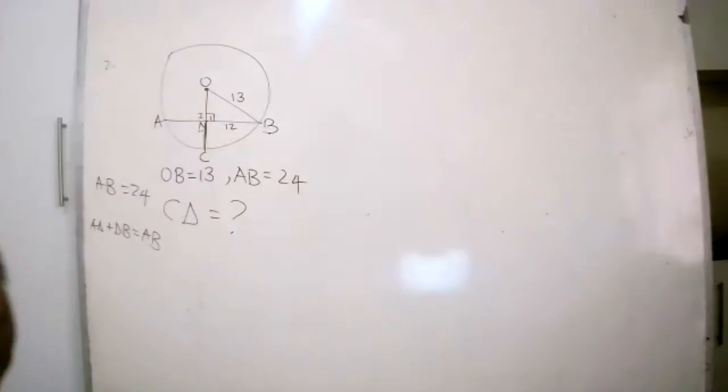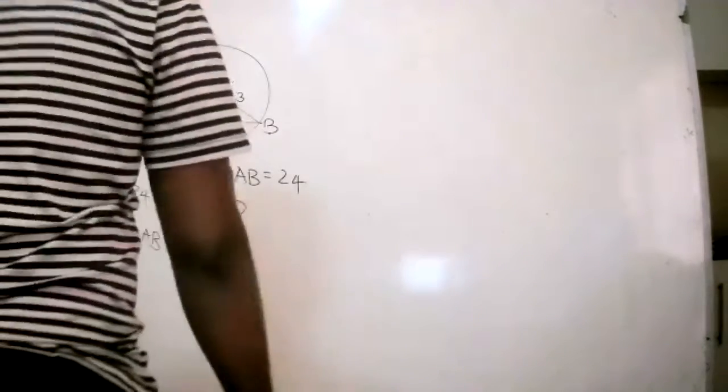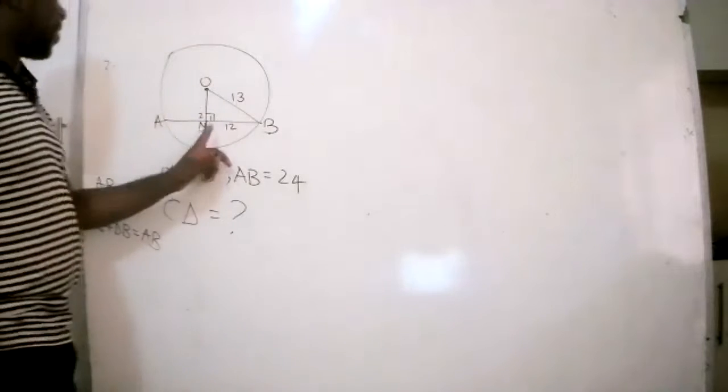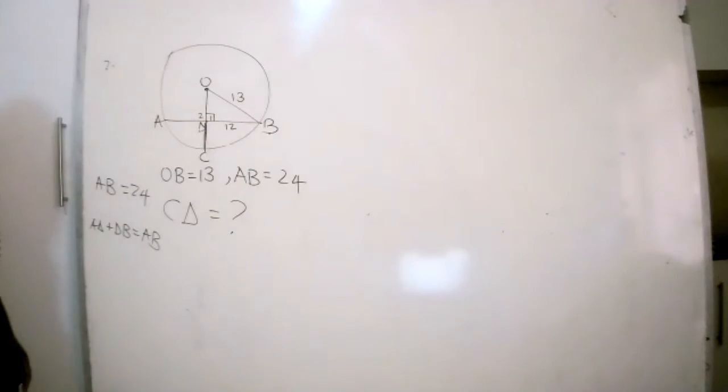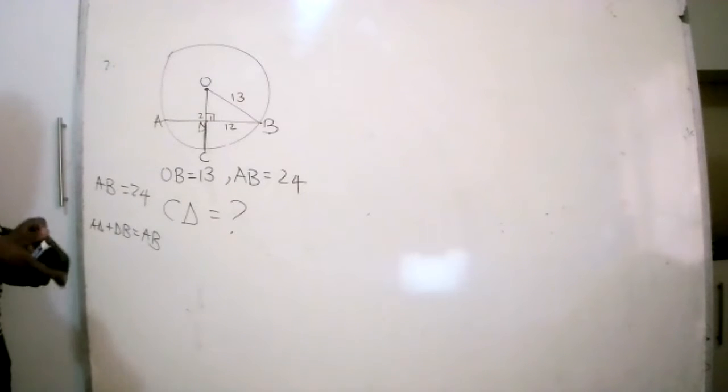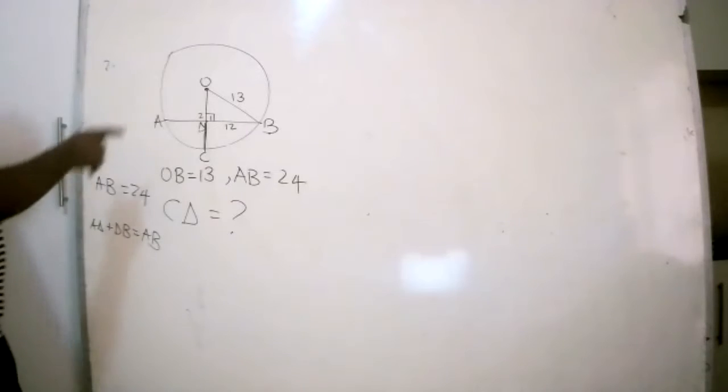Is that clear to you as well? Yes. All right. Can you predict what's going to be the next task after having these two sides? What next are we going to do? Yes, we're going to find this side, right?